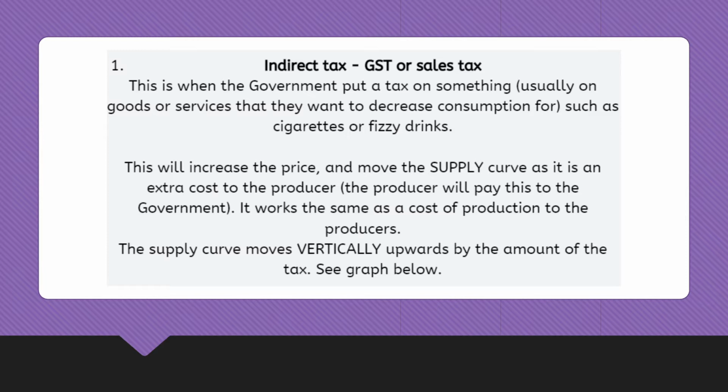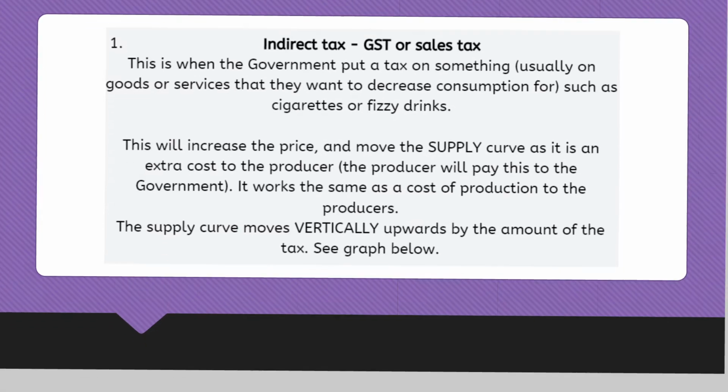If you think back to our supply paper, the cost of production goes up, so supply will then go down. In this case though, we don't shift the supply curve to the left, it actually moves vertically up by the amount of whatever the tax is. So we're going to look at this in detail now.